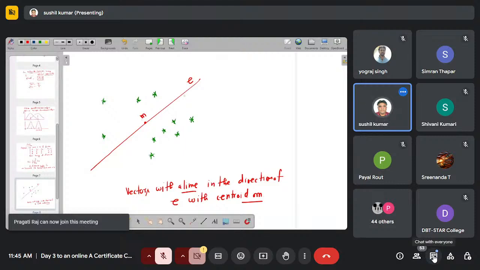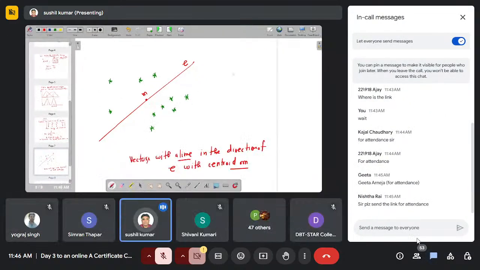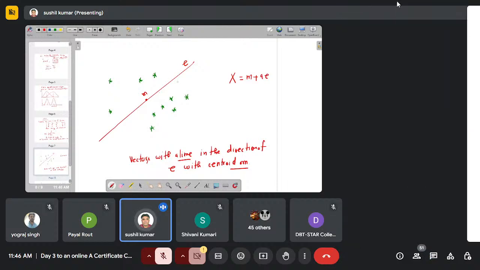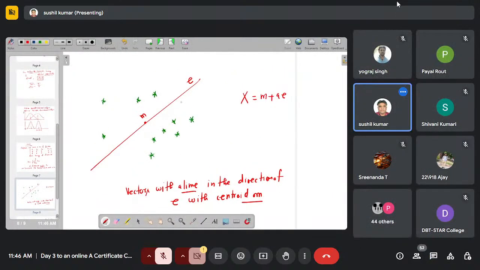This line is there. So if I want to write the equation of this line, that will be x is equal to M plus A E. So this is the equation for this line, which is passing through M. The direction is E, and A is the point available on this one.